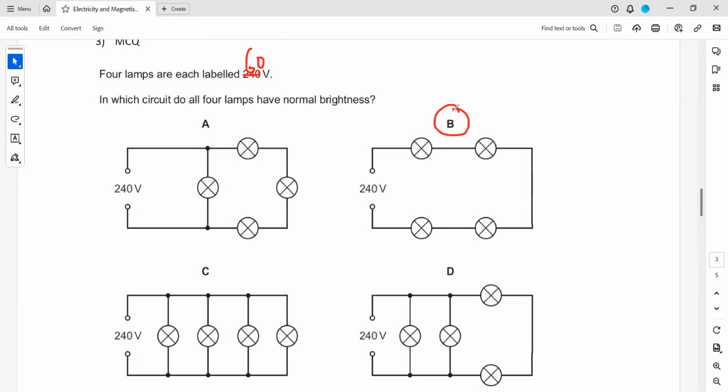In that case, B should be the answer because they all receive 60 volts, so they all will have the same, normal brightness. Here, each lamp is labeled 240. So for a normal brightness, each lamp requires 240 volts.